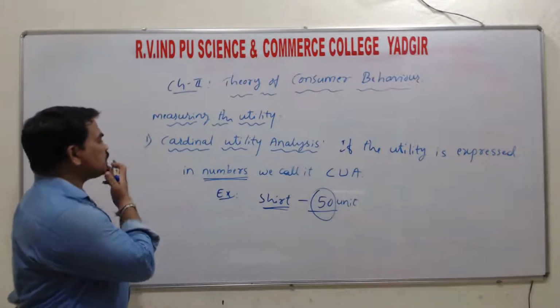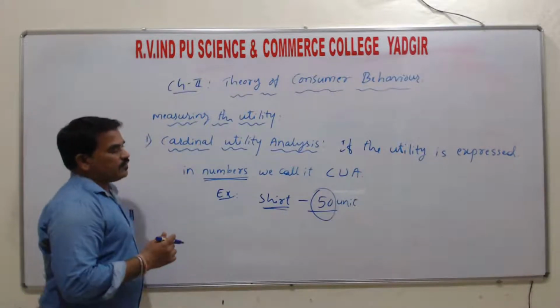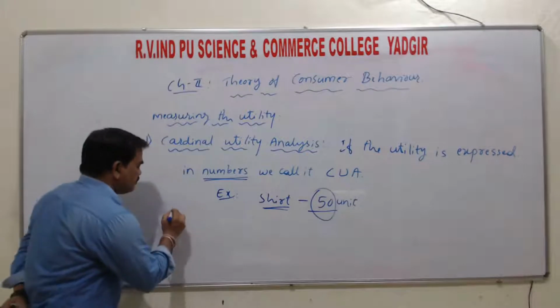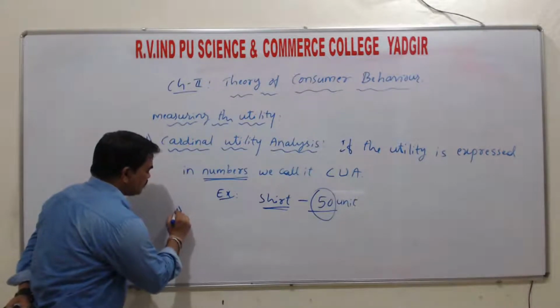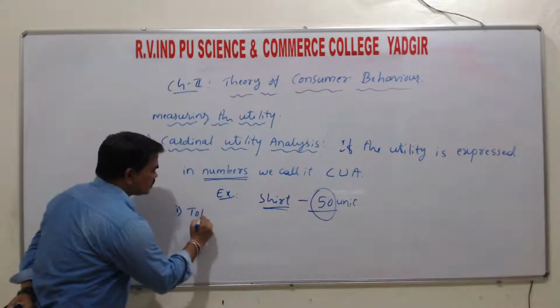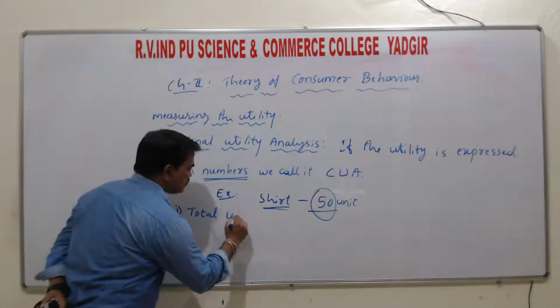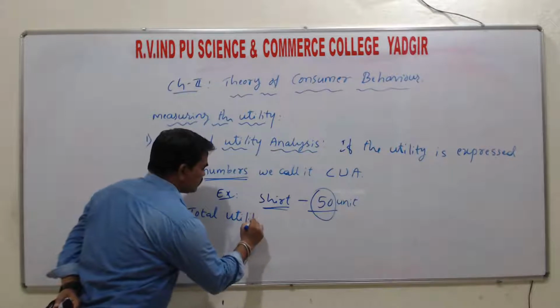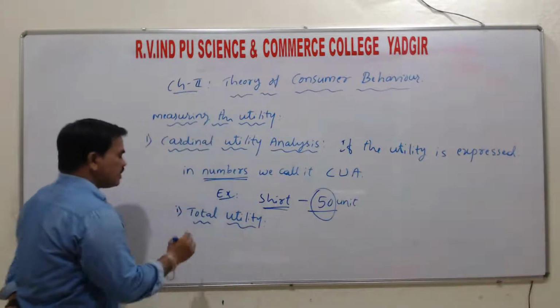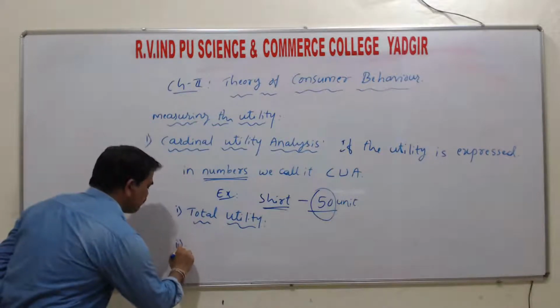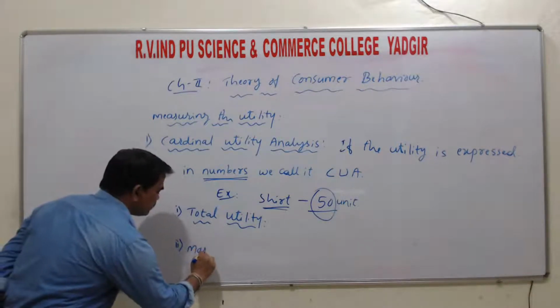So in this approach, we have two things to understand. One is what is total utility, and another one is what is marginal utility.